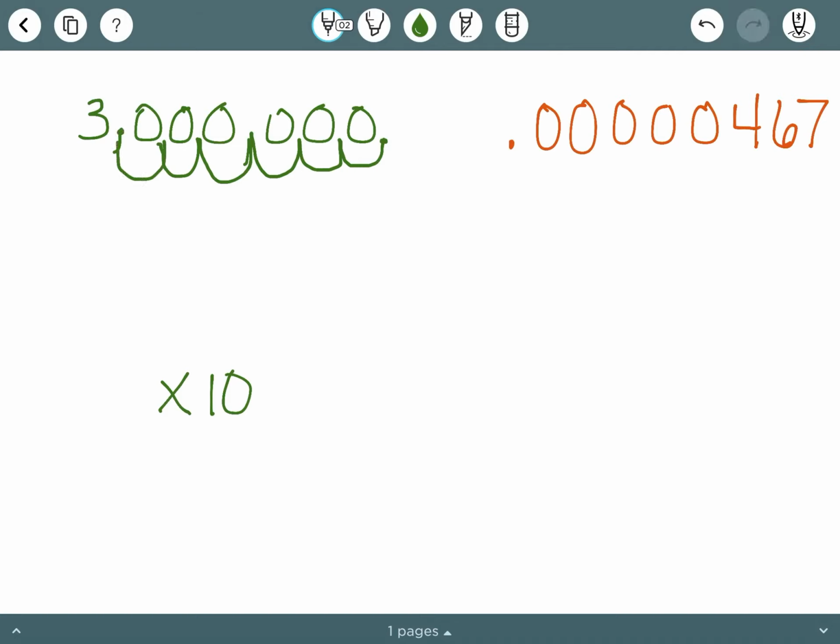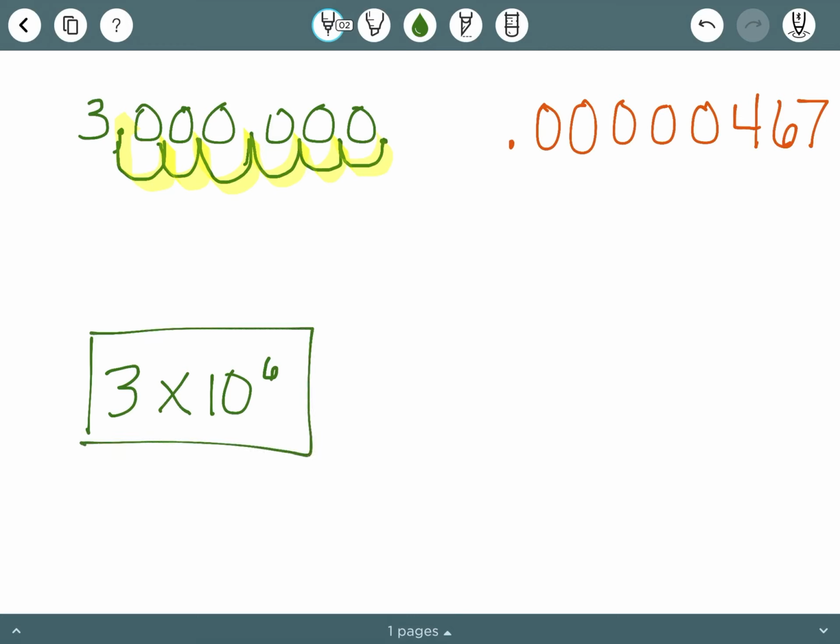Oh, yes, that does work because that gives us 3, which is greater than 1 and less than 10. So that's what we put for our leading digit, and then we multiply by a power of 10. But 10 to what power? How do we know? So we know by counting how many times we had to move the decimal. So it's going to be 1, 2, 3, 4, 5, 6. So we would have 3 times 10 to the 6th.